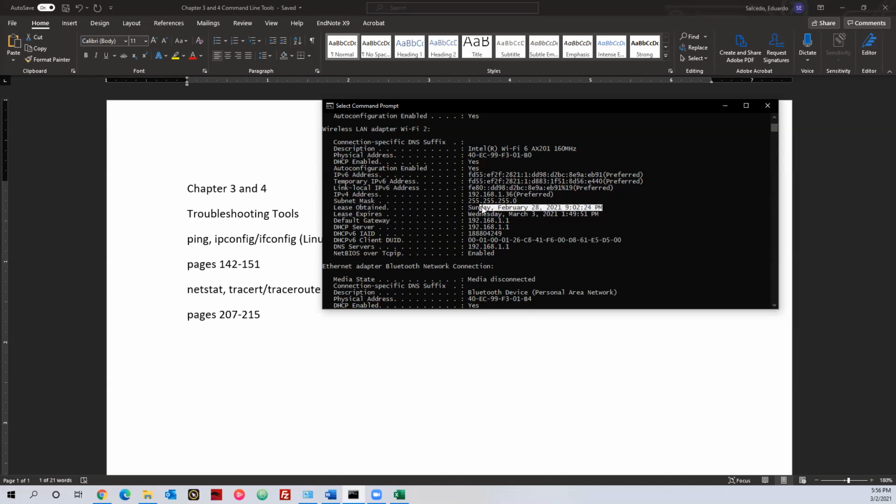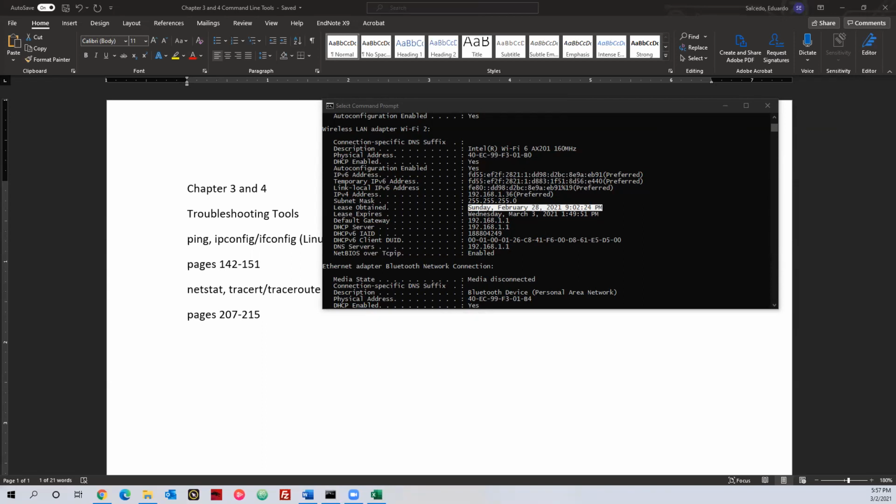What is the lease for? Can anyone answer that? From the DHCP server, no? That's the amount of time that an IP address is assigned to a host, and that depends on the configuration on the DHCP server of the time that that host will have that IP address. Correct.